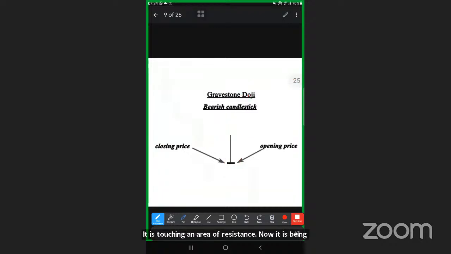Can you see this long upper shadow? Remember yesterday we were dealing with shadows. When buyers push the price high up to this level, you are going to see that sellers will come and start selling, start selling, start selling, probably back to the opening price.